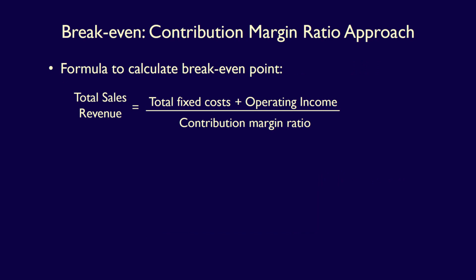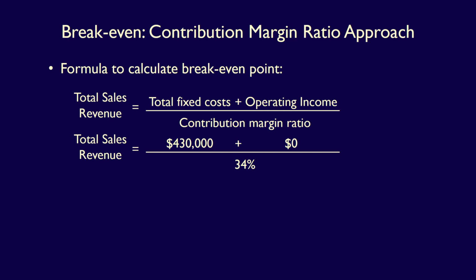Total sales revenue is equal to the total fixed costs plus the operating income, all divided by the contribution margin ratio. Total sales revenue is equal to $430,000 plus 0, all divided by 34%. Total sales revenue is equal to $1,264,706.